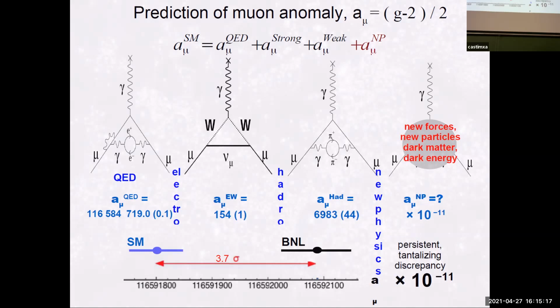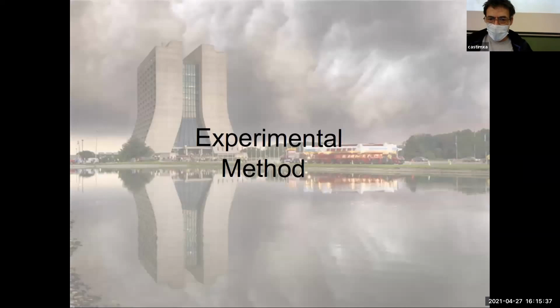It's on the scale of many thousands statistical chance of being 3.7 sigma off. But again, you're more worried about an unknown systematic in an experiment or an unknown systematic in a calculation. But anyways, 5 sigma is the normal standard. So it's not been accepted as a discovery yet.